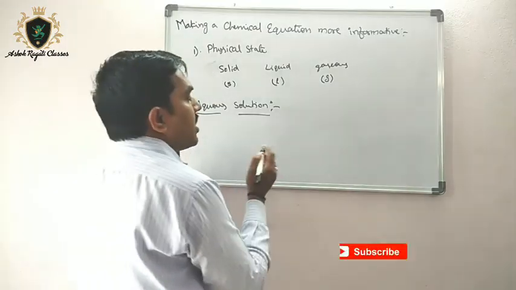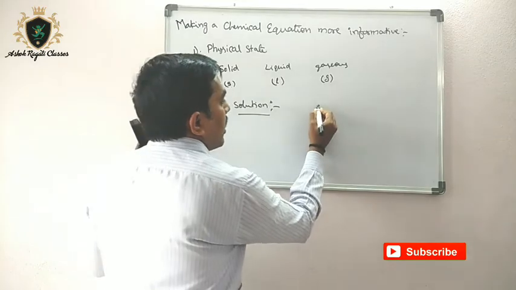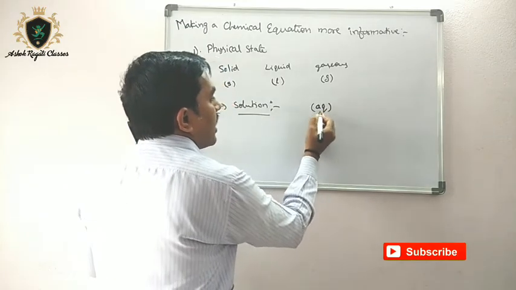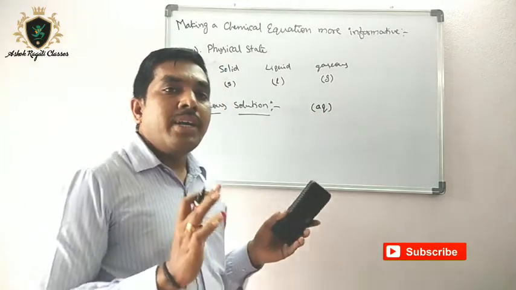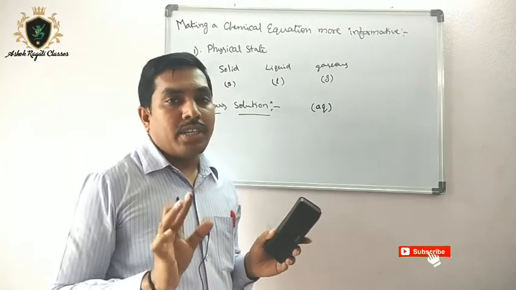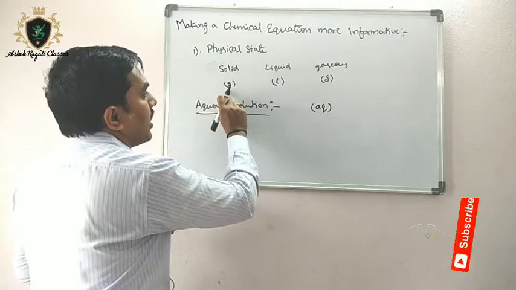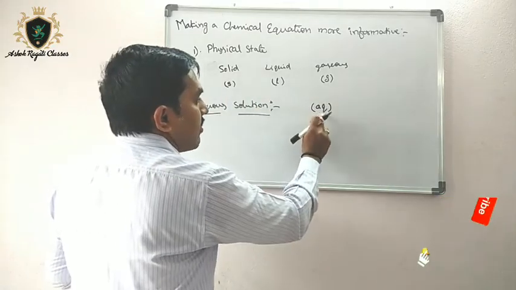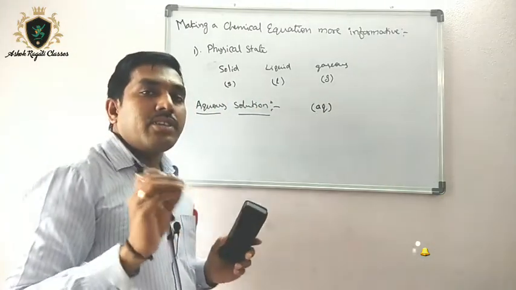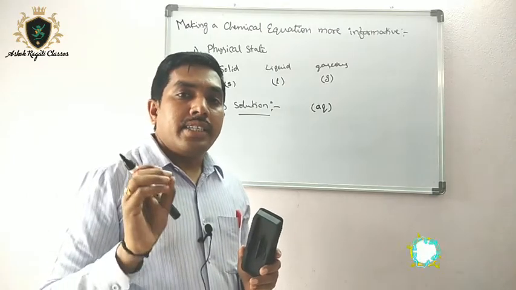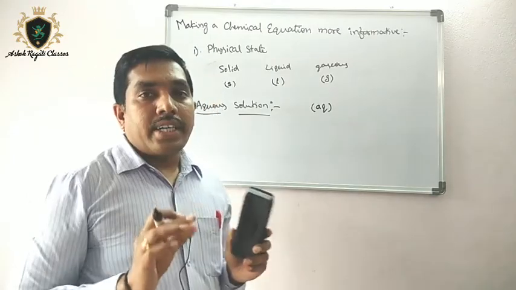At that time you mention it with the symbol AQ. AQ says that a solution is prepared in which the solvent is water. If you mention solid, liquid, gas or aqueous state, the user can easily understand the exact state of reactants and products.